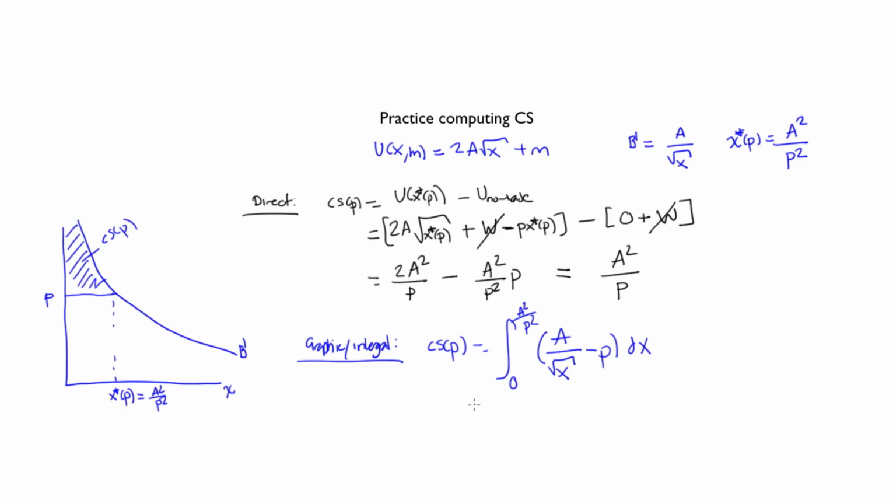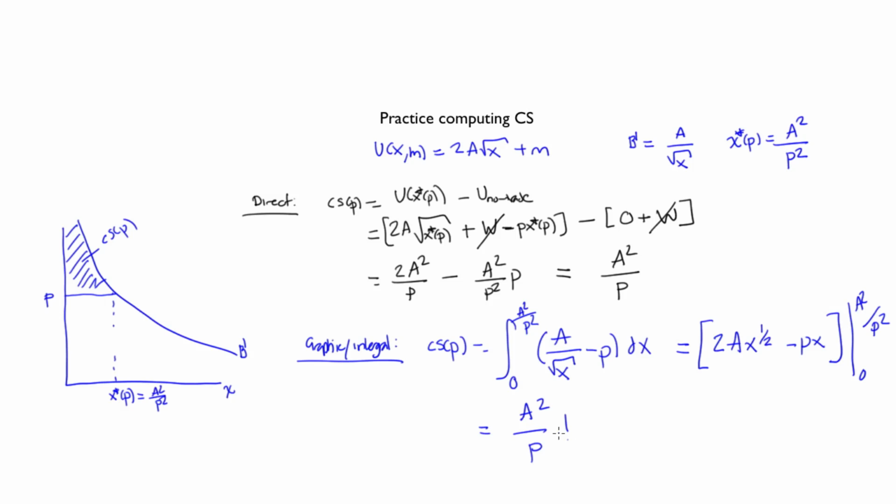Now if you solve the integral, which I am just going to write the solution for you, this is 2a x to the 1/2 minus px evaluated between 0 and a squared over p squared. If you do the substitution, you get that this is equal to a squared over p again.